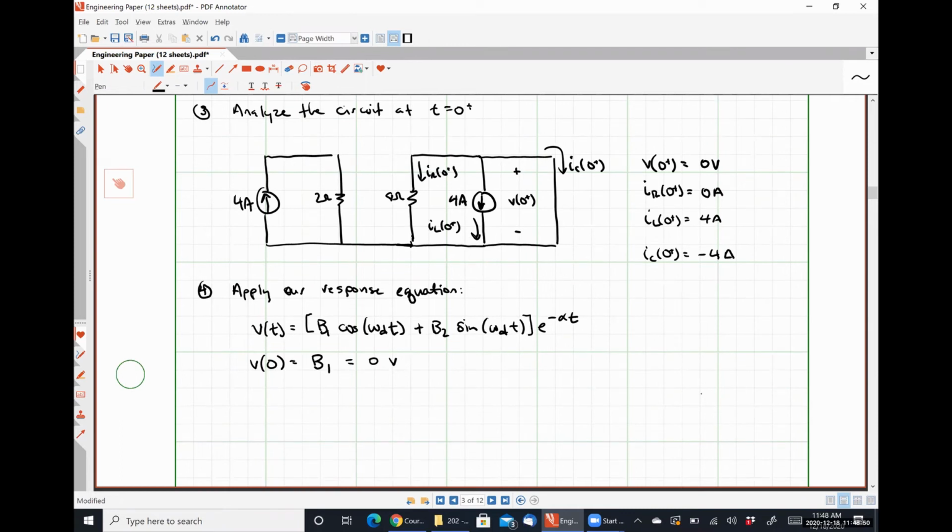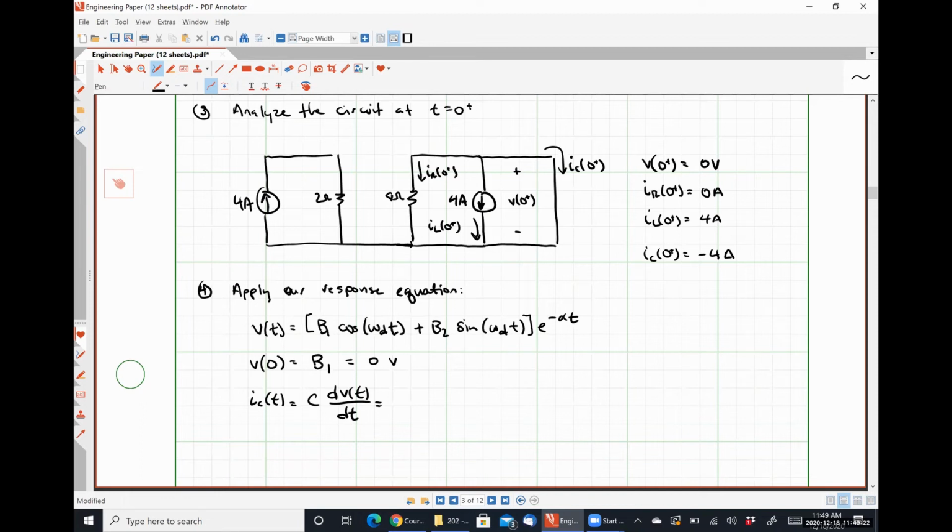This is where the derivative-based relationship comes in. Our capacitor current, IC of t, is, by definition, C dV by dt. Instead of having to take the derivative of this every time, which would be wildly tedious, that's why I made the table that has the derivatives of the response equations on it.